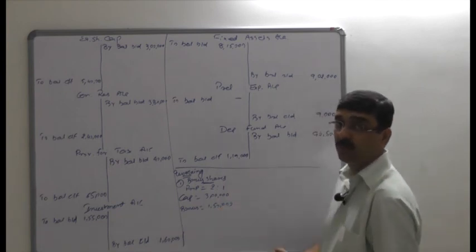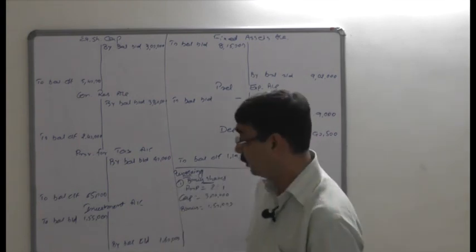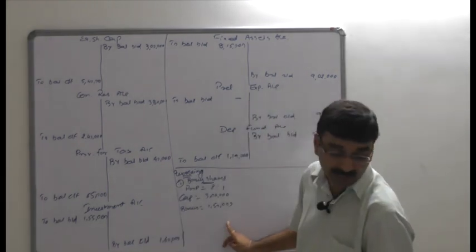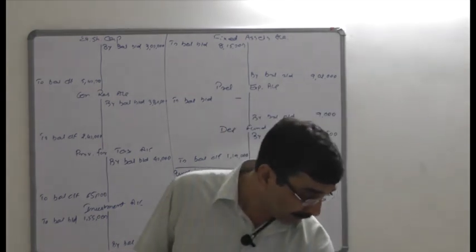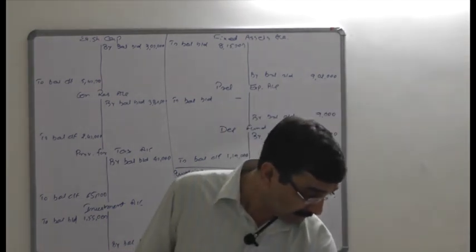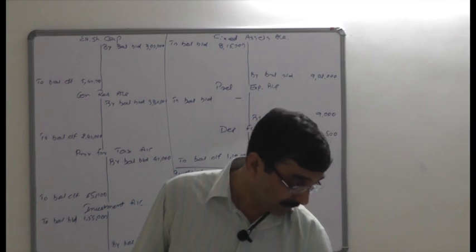Because if you have 2 shares, you will get 1 bonus, so on the 3 lakh rupees of existing capital, your bonus amount would be 1,50,000 rupees. And the company capitalized some amount of general reserve and issued the bonus shares, so the 1,50,000 rupees of bonus shares is given from the general reserve.